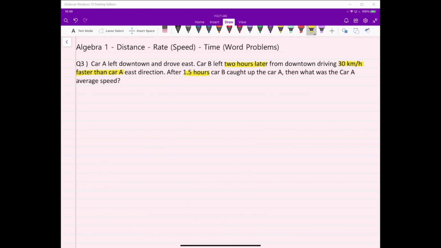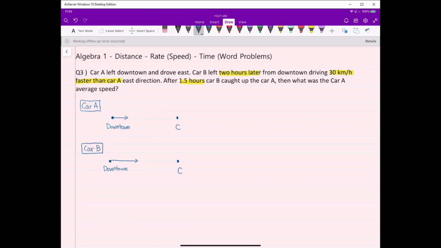This question is similar to the previous question, question number 2. However, the speed of the car is not directly given to you, but it gives you the relationship between the two car speeds. Again, step by step, let's visualize the situation first. Car A drove from downtown in the east direction with an unknown speed of x km per hour.